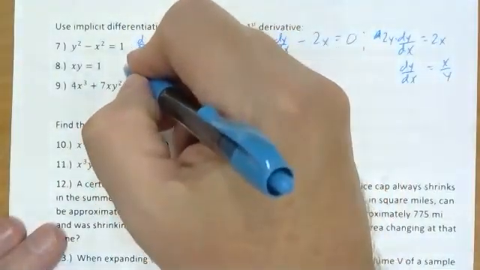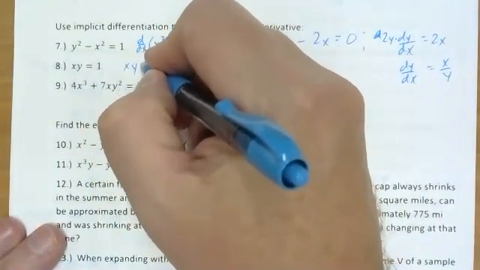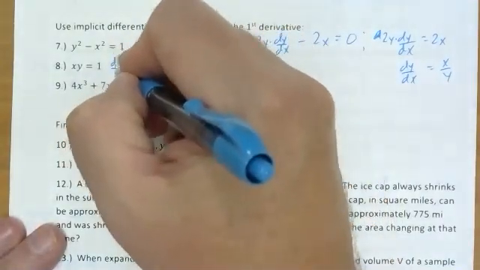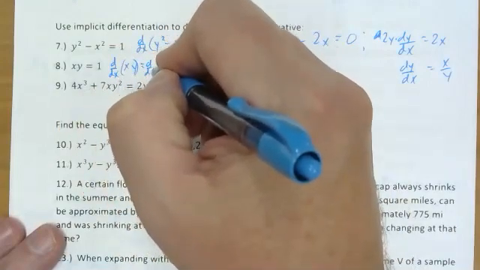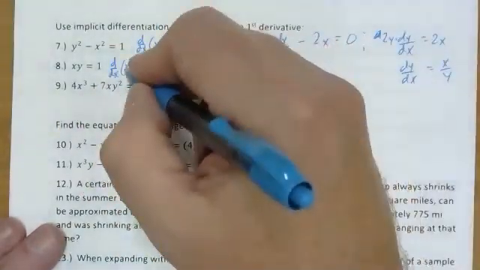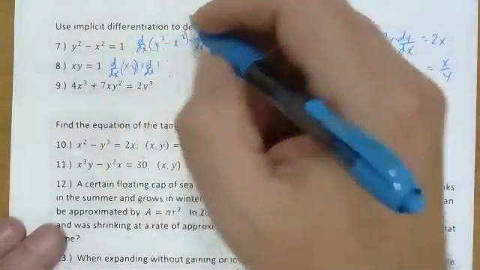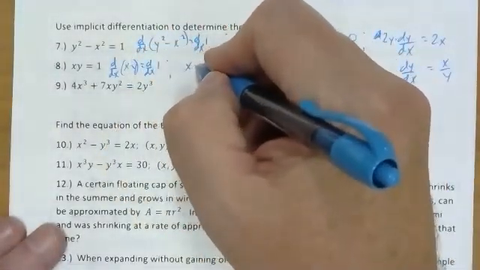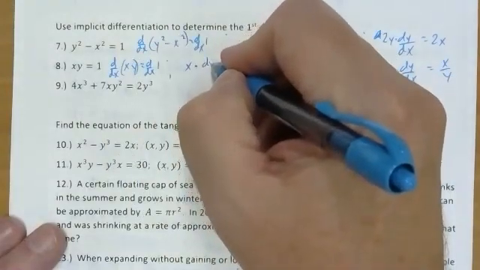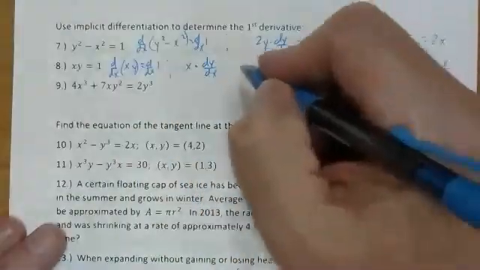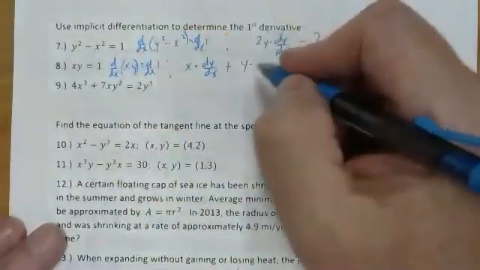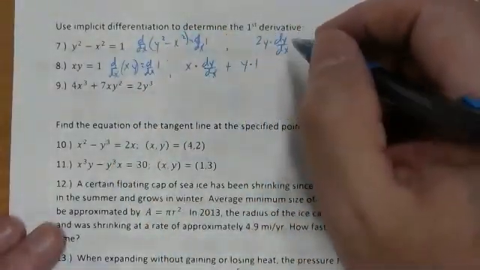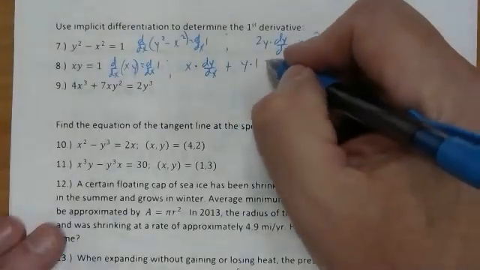Same thing here. Take derivative of both sides. Here's product rule. So the first times the derivative of the second plus the second times derivative of the first.